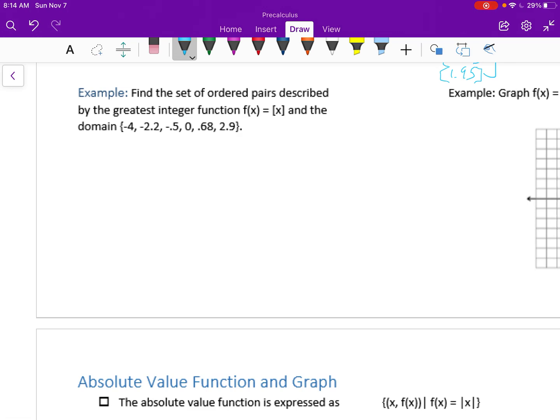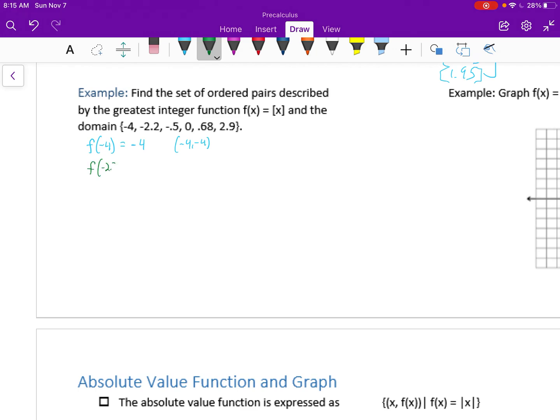So find the set of ordered pairs described by the greatest integer function, and the domain is -4, -2.2, -0.5, 0, 0.68, and 2.9. So let's go ahead and find the set of ordered pairs. So if we do f of -4, well, that is an integer, it just is -4. So that ordered pair is -4, -4.